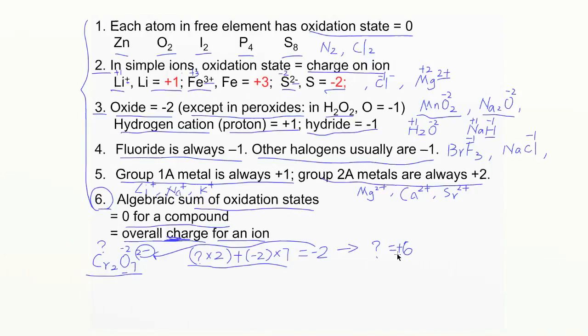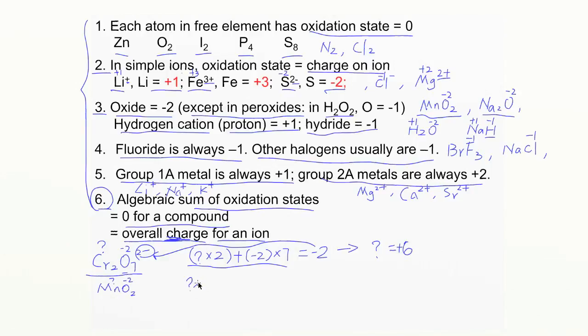All right, so this is how we calculate the oxidation state based on number 6. And then let's take a look at manganese oxide. We know the oxidation state for oxygen is negative 2. If we want to know the oxidation state for manganese, we set up the question mark.